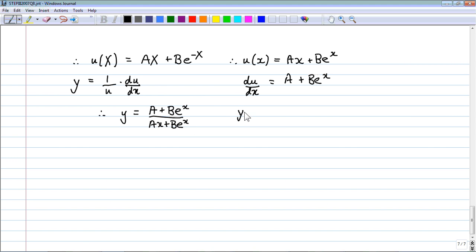And now we apply y equals 2 when x equals 0, and we get 2 equals a plus b over a times 0 plus b. So we have 2b equals a.